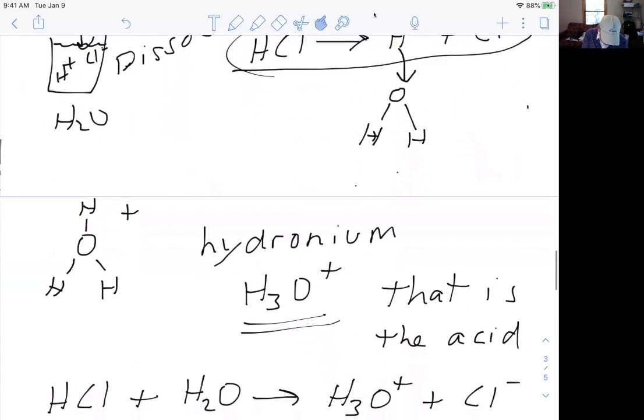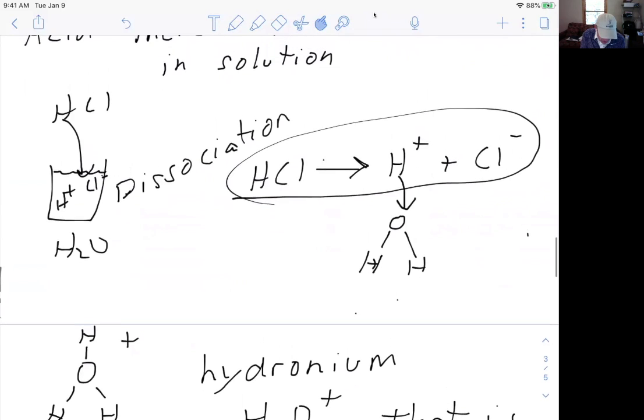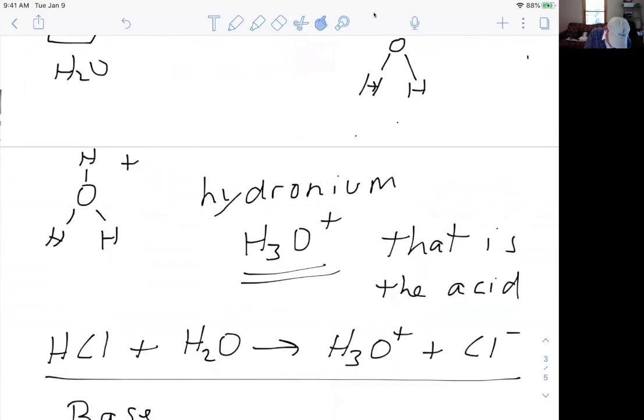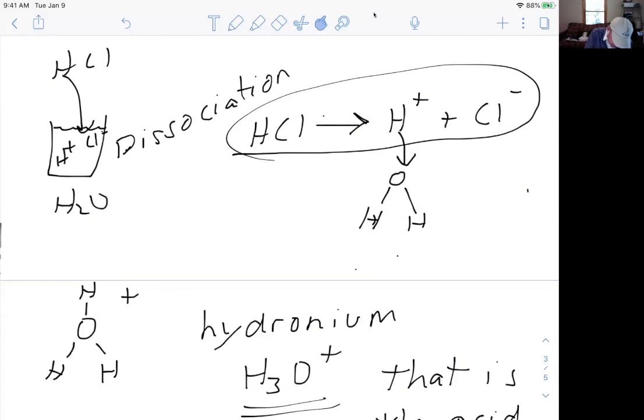And one last thing before I sign off here is that I want you to notice something. Notice that all of the acids that we've talked about so far, like HCl, or I guess we haven't talked about any other acids, but let's say something like H2SO4, right?